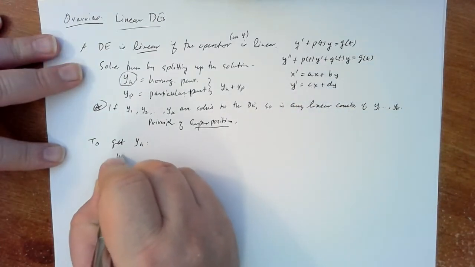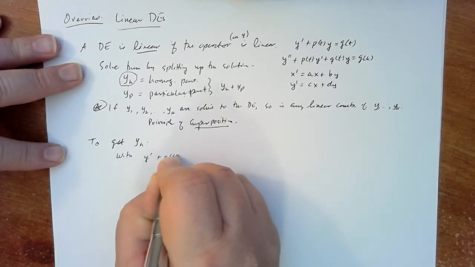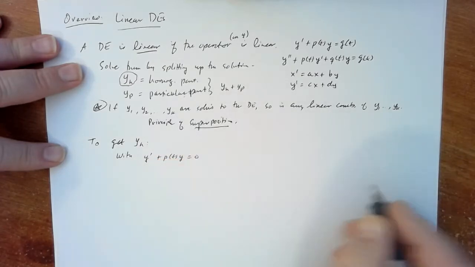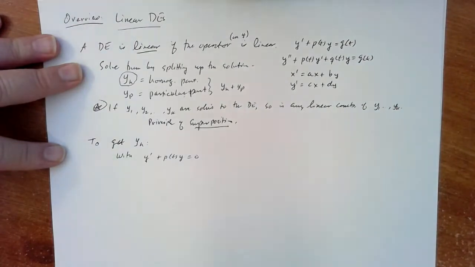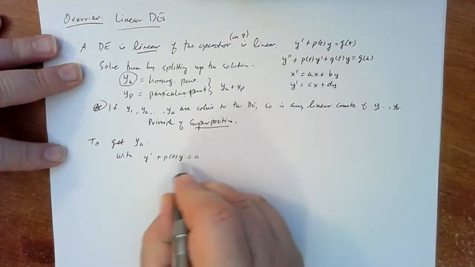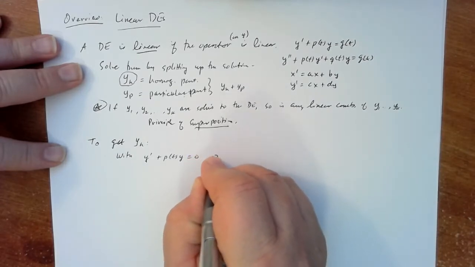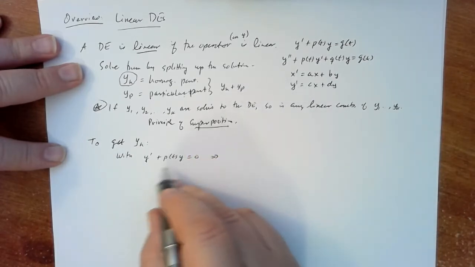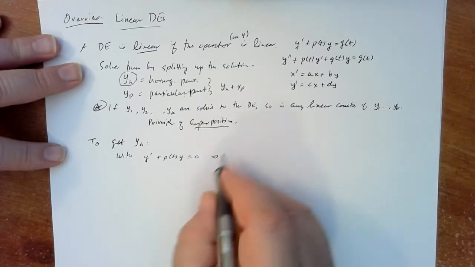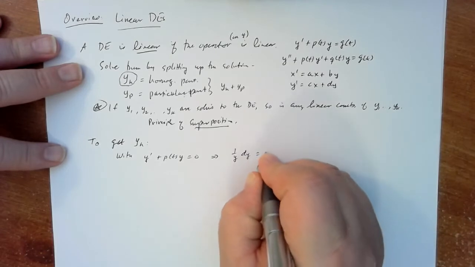So with y prime plus p of t times y equals 0, we actually don't need to break this one up because the integrating factor actually gives us everything. But if we wanted to, we could set that equal to 0 and solve for the homogeneous part, because this is now also a separable differential equation, and so you could write this as 1 over y dy is equal to p of t dt.